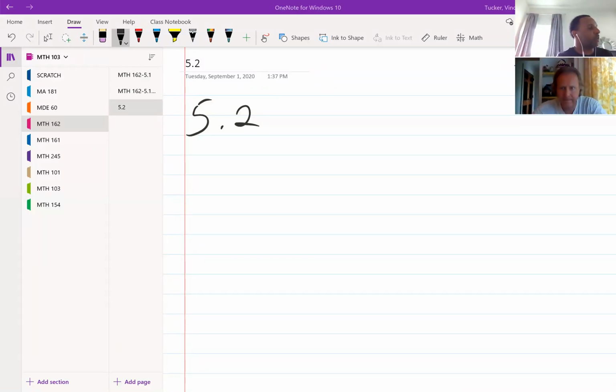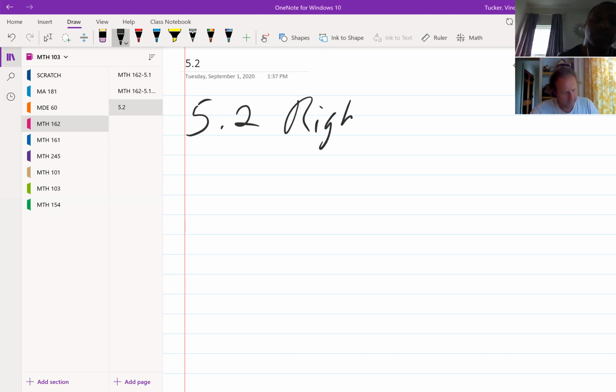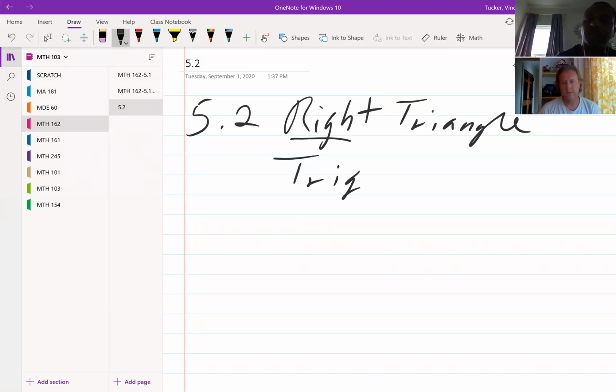All right, so we're picking up where we left off last class, 5.2. We did one example in right triangle trig. So we're just gonna pick up there, do another one like we did last class, and go from there.